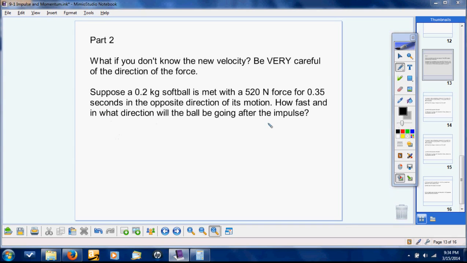Suppose a 0.2 kilogram softball is met with a 520 Newton force for 0.35 seconds in the opposite direction of its motion.